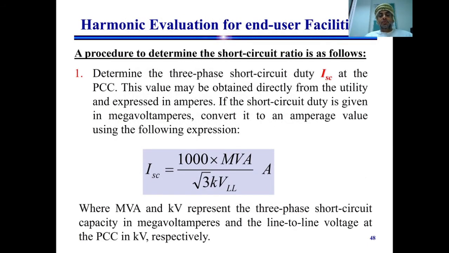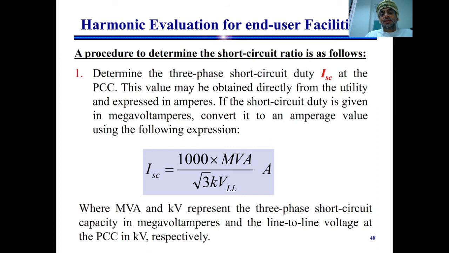Now, how to determine the short circuit current. Those are the procedures that are used. Determine the three-phase short circuit duty at the point of common coupling.